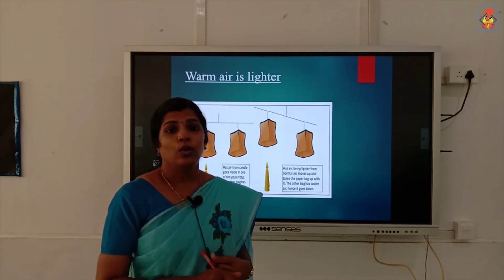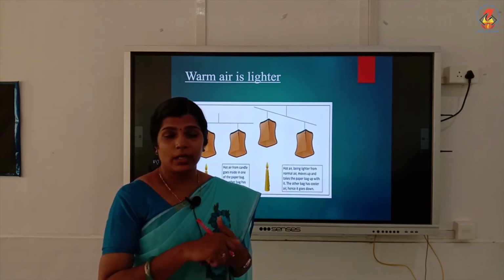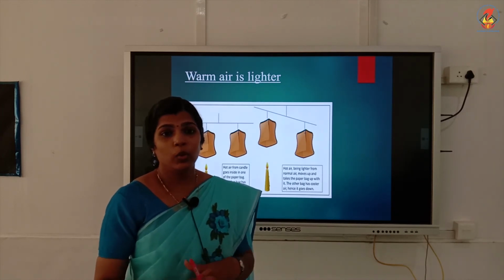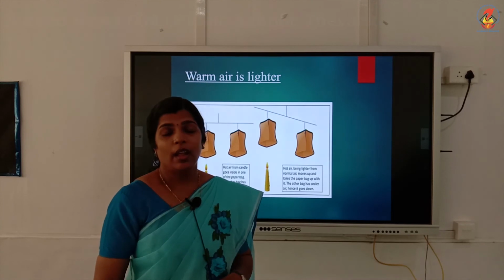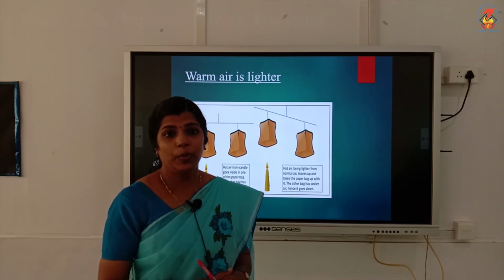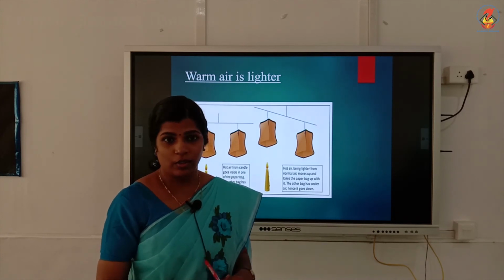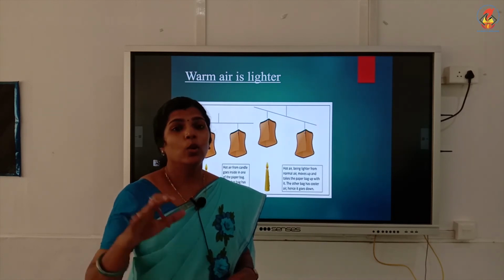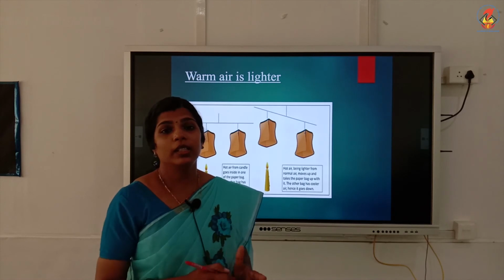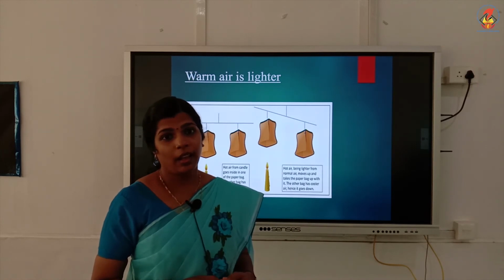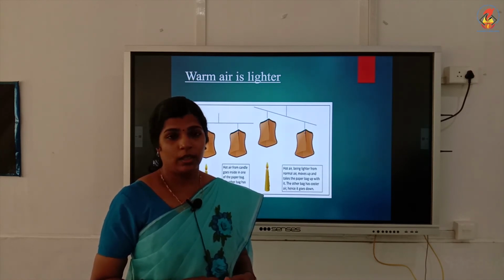So, when air expands on heating, it will be lighter and move in the upward direction and create a low pressure region. The cold air from the surroundings will get into that place and that leads to the convection current in air. Okay, thank you.